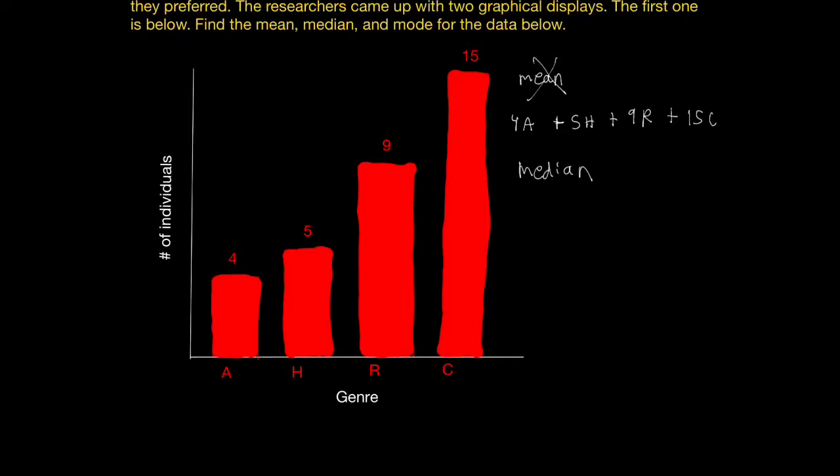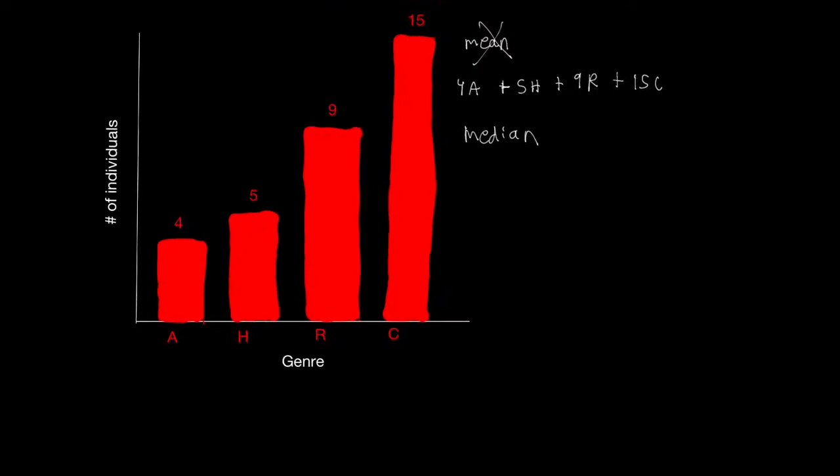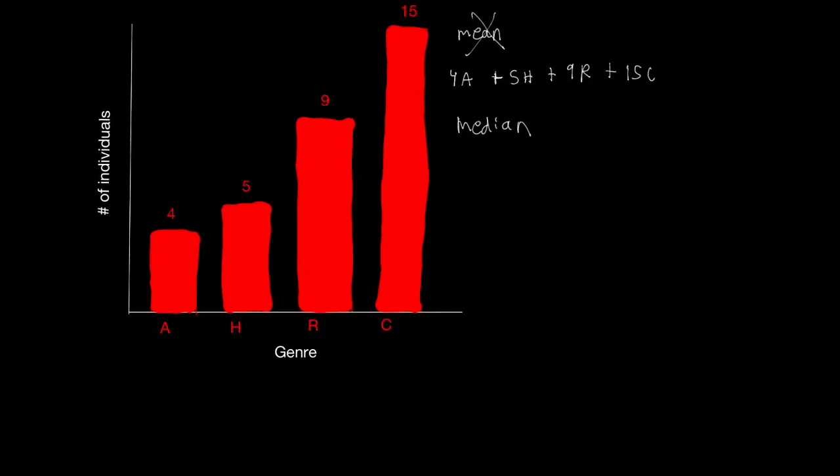And here, to point this out a little bit more, let's write this as a list. Writing this as a list, we see that on our list we have A with a frequency of 4. So here we would have 1, 2, 3, 4 A's. Then we would have H with a frequency of 5. So we would have to include 5 H's on our set.